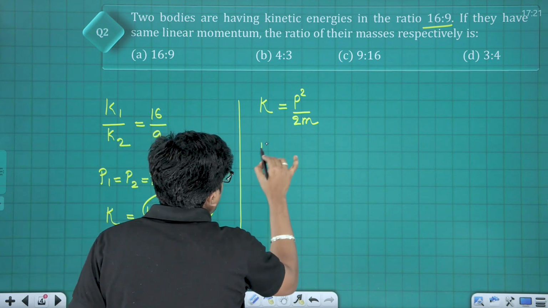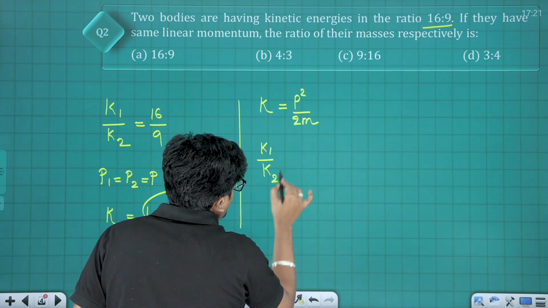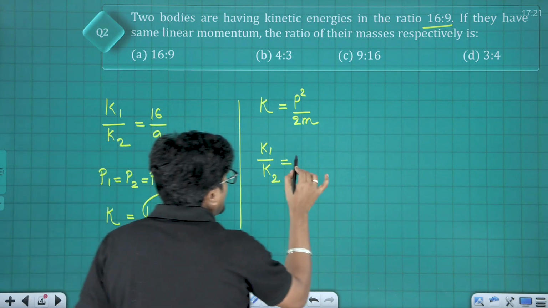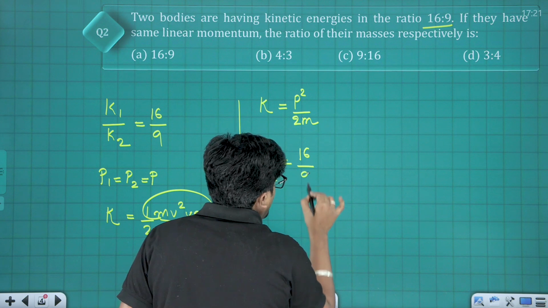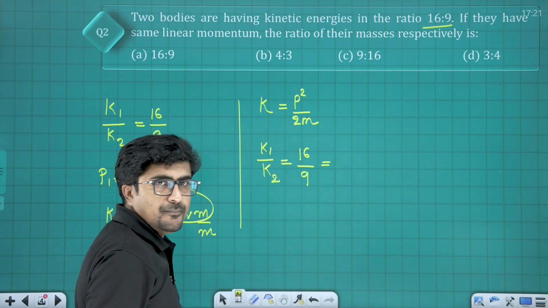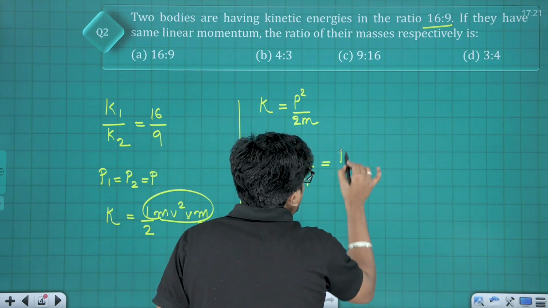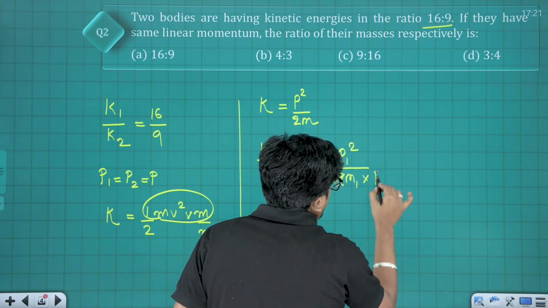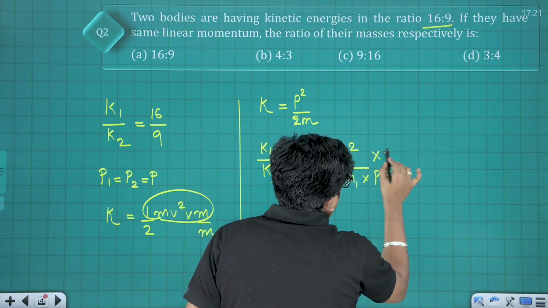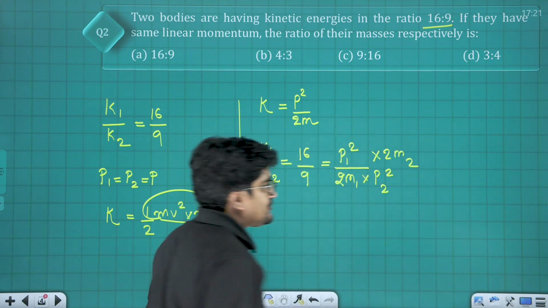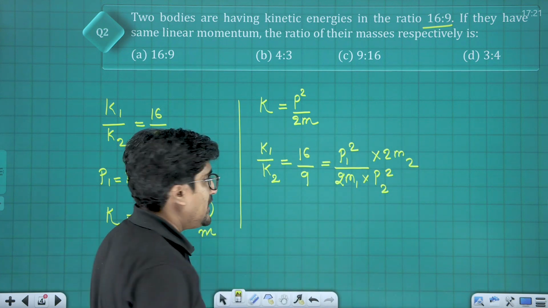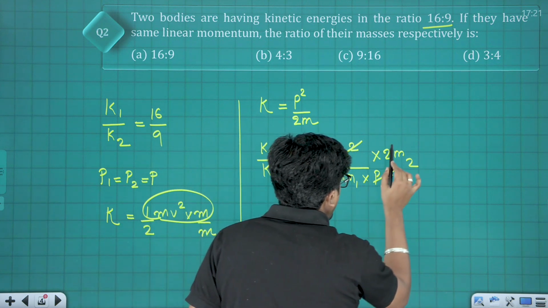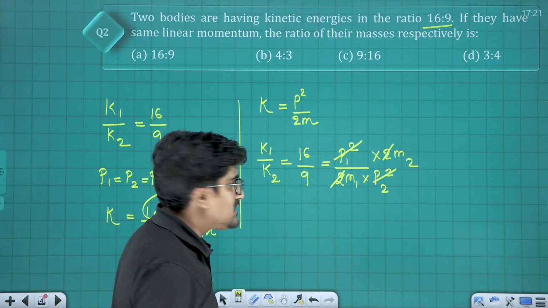Now, K1 by K2 is 16/9, which is equal to P1 square divided by 2 times M1, into 2 times M2 over P2 square. We know that P1 equal to P2, so P1 square and P2 square will cancel. 2 and 2 will cancel each other.